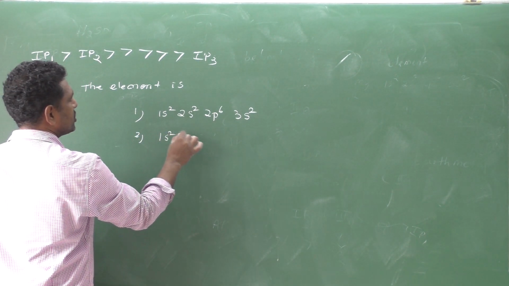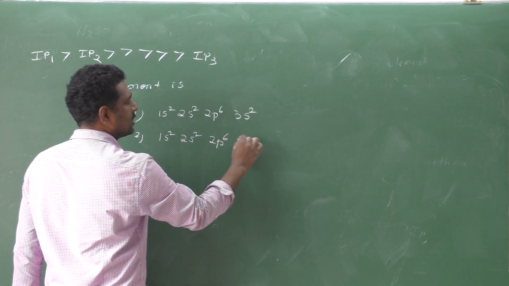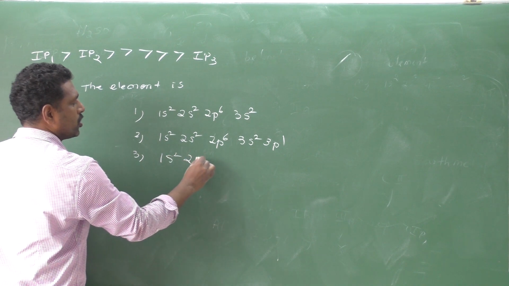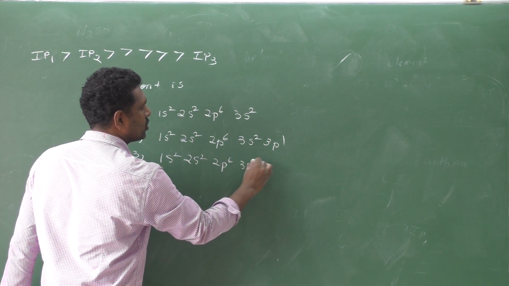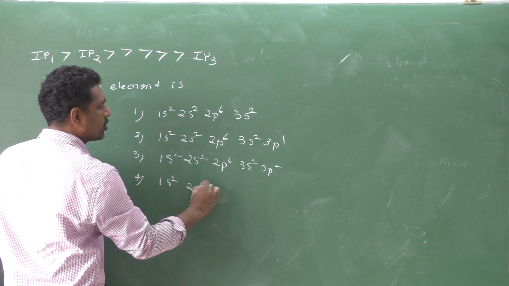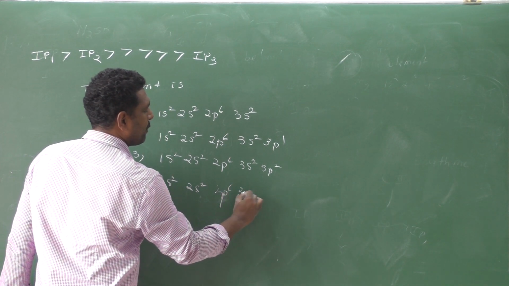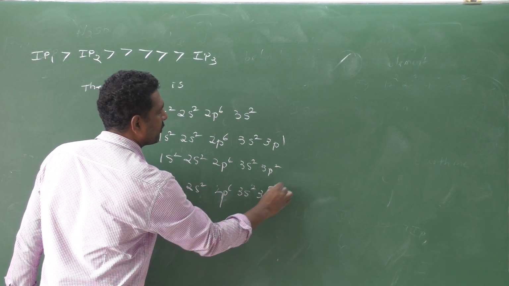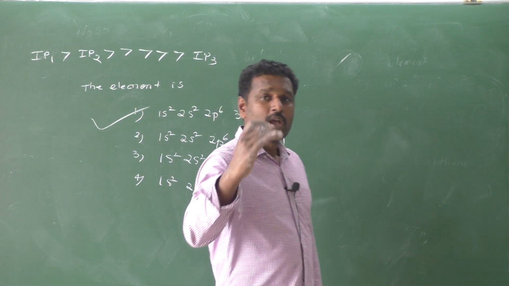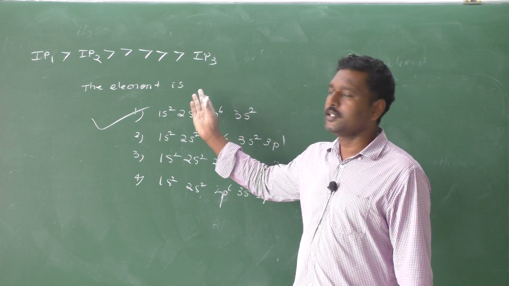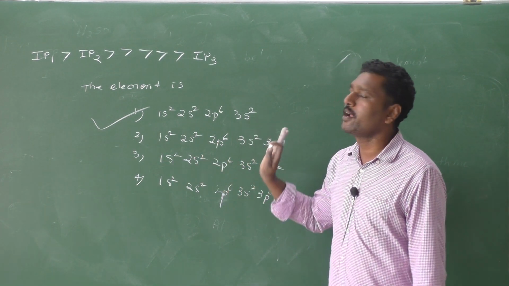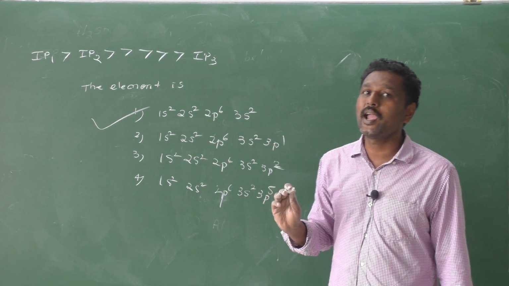Second one 1s2, 2s2, 2p6, 3s2, 3p1. Third one 1s2, 2s2, 2p6, 3s2, 3p2. Fourth one 1s2, 2s2, 2p6, 3s2, 3p5. So the answer is the first option because the sudden jump is between second and third. There is a gap between 2 and 3. Therefore, it belongs to the second A group, that is alkaline earth metal.